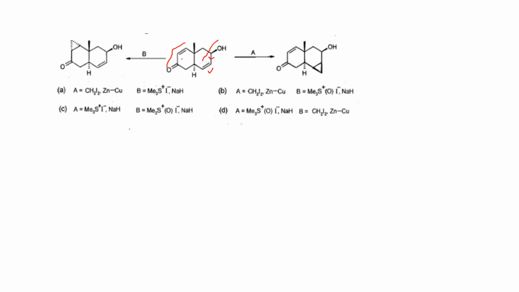Now we know this normal cyclopropanating reagent, CH2I2 with Zn-Cu, usually performs cyclopropanation of an electron rich double bond. Electron deficient double bonds usually don't participate in cyclopropanation reaction with this reagent.